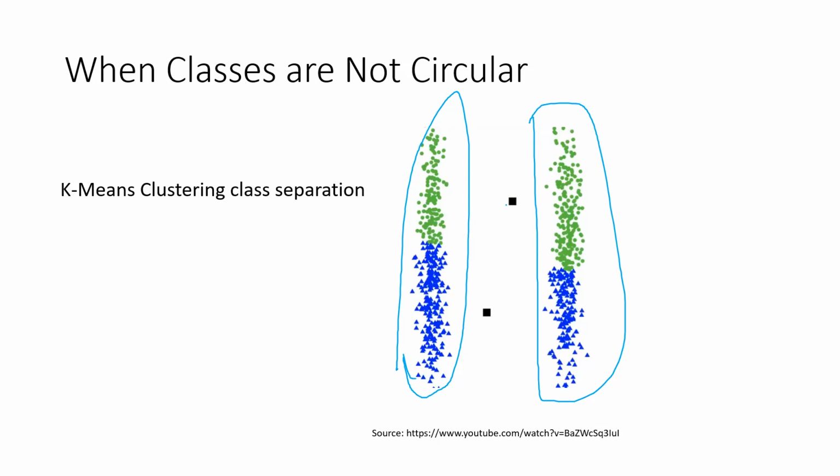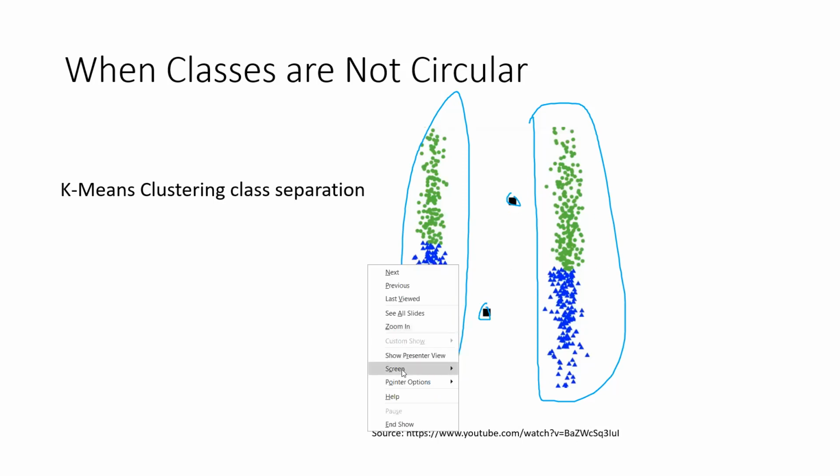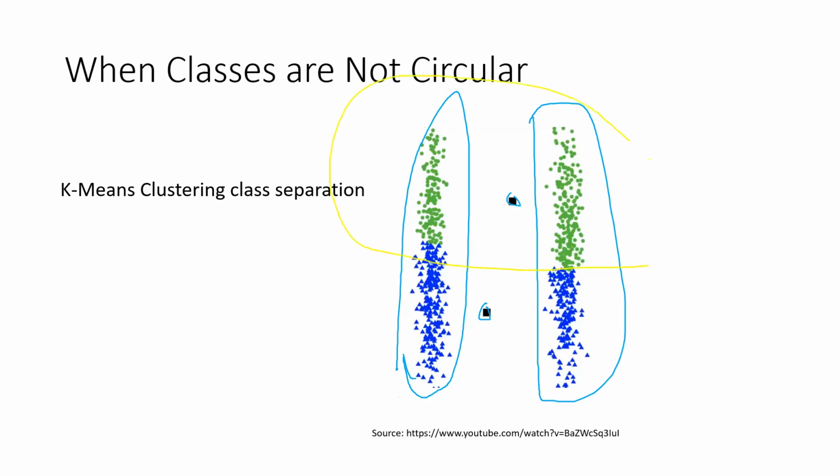Once you have started the centroids like this and this, the partitions would be defined like this. These would be the partitions, not the way that we wanted to have, right? When the clusters are not circular, that is another problem. Another thing that you have to remember when you are applying k-means clustering: you have to apply it only when the classes are circular.